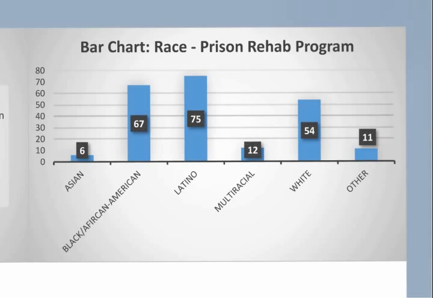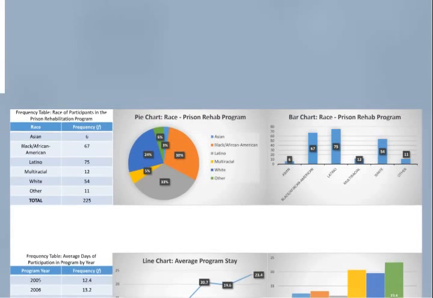So it's important to be careful with how you scale your bar charts and your histograms. Okay, so as you can see, it's just two different ways to present the same data, right? Bar charts versus pie charts.